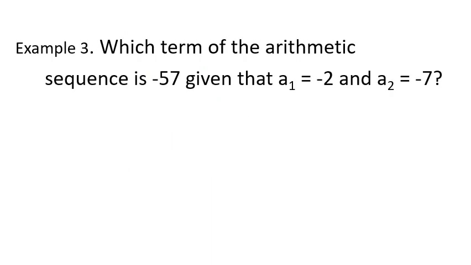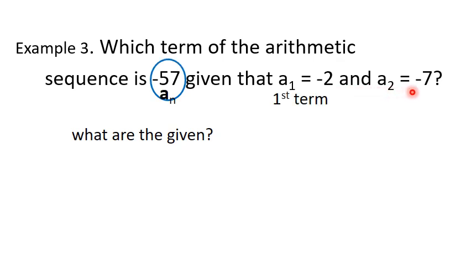Let's have another example. Which term of the arithmetic sequence is -57, given that a sub 1 is equal to -2 and a sub 2 is equal to -7? Again, we have to determine, alamin natin ang mga given. -57 is the value of a sub n.